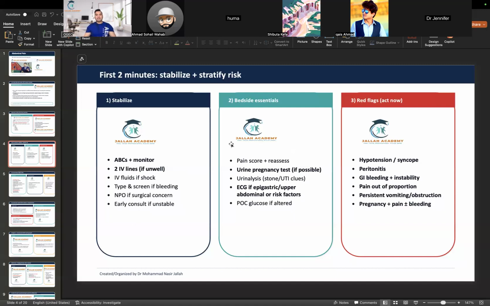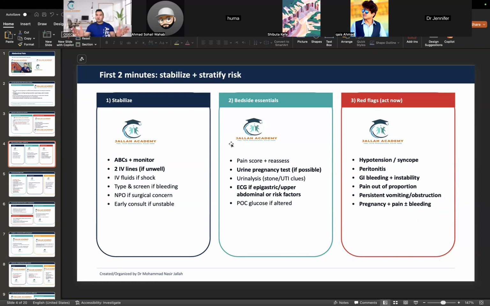Peritonitis, if my patient has all those characteristic findings, for example tenderness, board-like rigidity of the abdomen, and pain out of proportion, where the physical finding doesn't match the pain, like the patient has excruciating pain. GI bleeding plus instability, and pain out of proportion, is very characteristic of mesenteric ischemia.